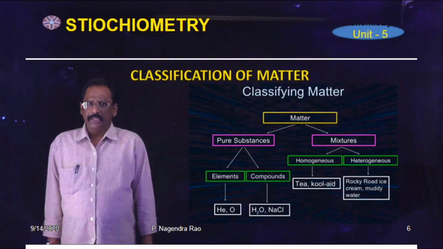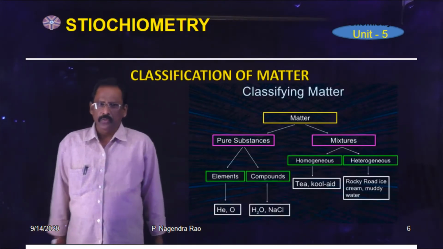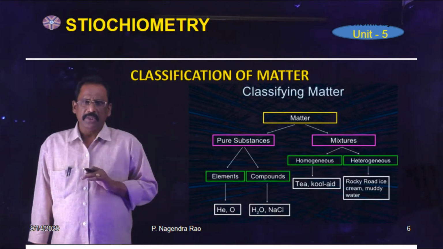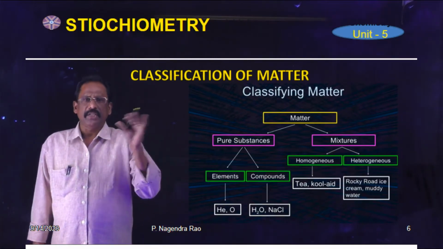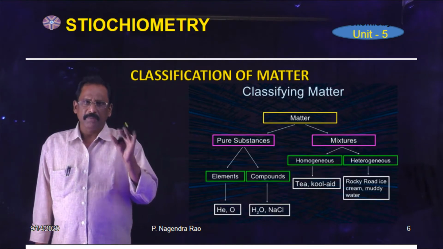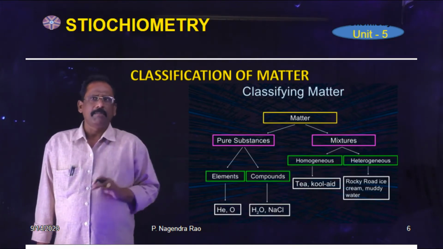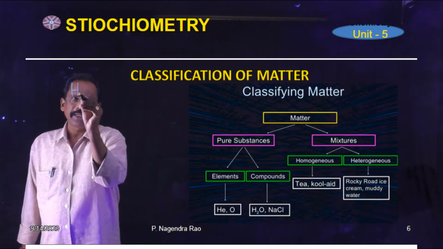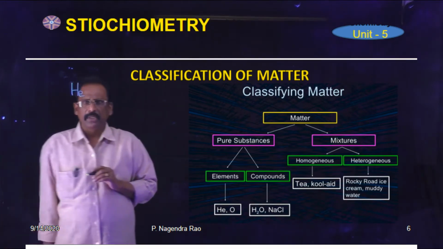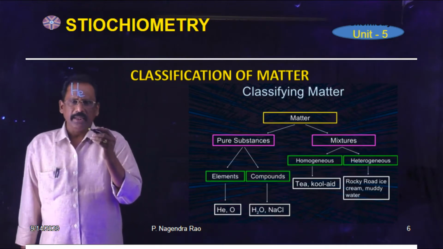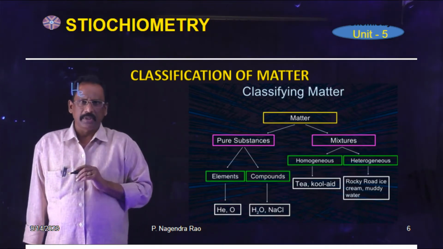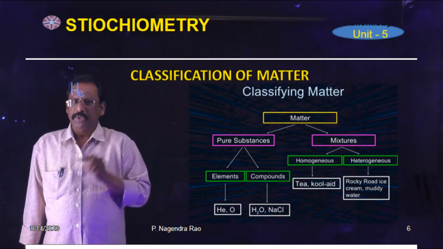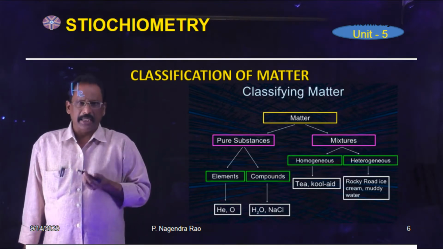So the matter is divided into pure substances and mixtures. Pure substances means elements and compounds. For example, helium is one of the elements in the periodic table. This element contains only helium atoms. So they are the pure substances in the matter.